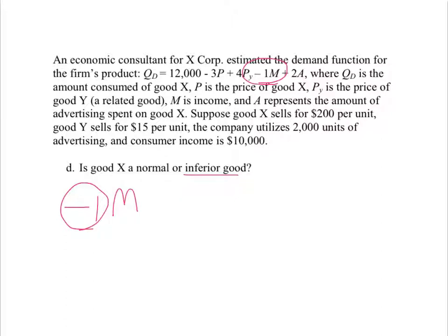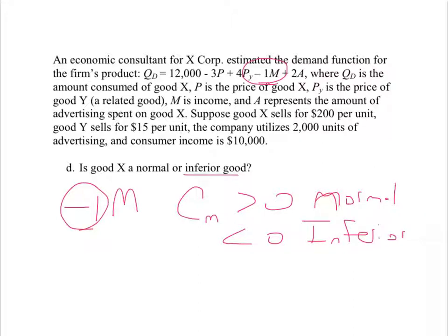So if this coefficient, we'll just call it C, the coefficient on income, if it is positive, then we have a normal good. If it's negative, we have an inferior good.